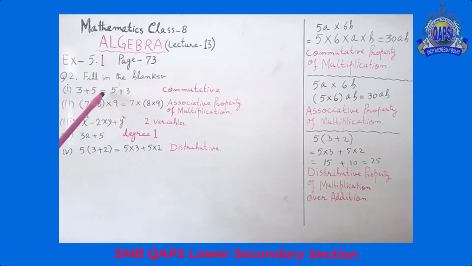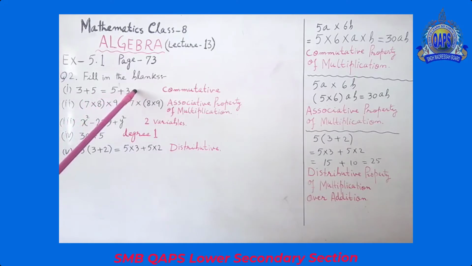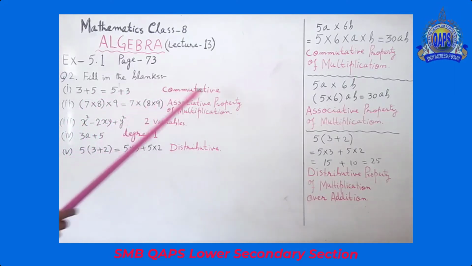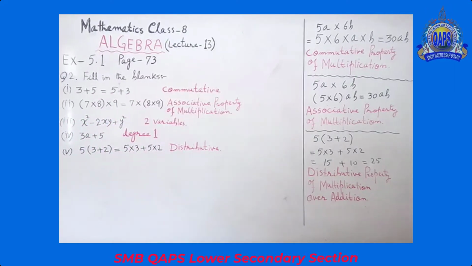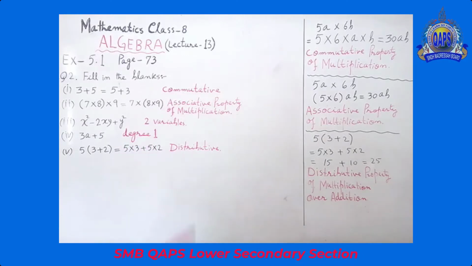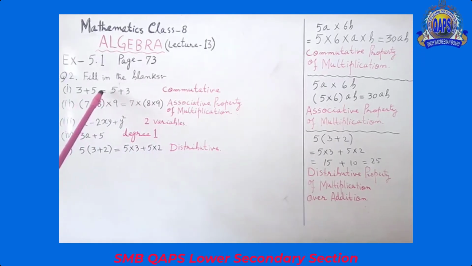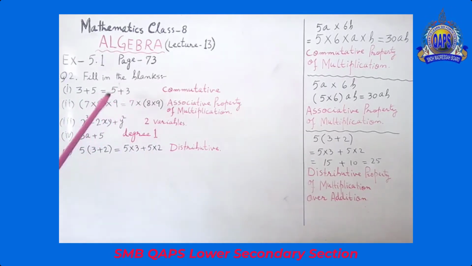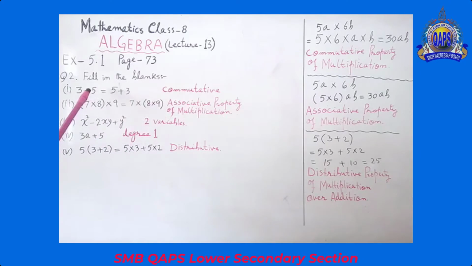Three plus 5 is equal to 5 plus 3. This is called commutative property of addition. Why? See, 3 plus 5 is equal to 5 plus 3. It doesn't matter if we change the order.